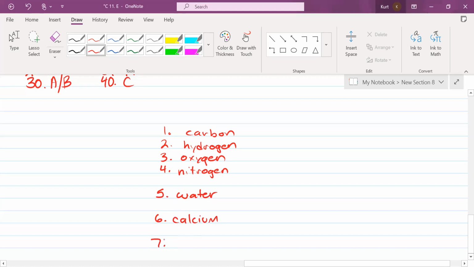Number 7, name the element found in small amounts in the body that is needed to make hemoglobin for oxygen transport. Before you answer, what type of macromolecule is hemoglobin? It is a protein that allows your blood to carry oxygen. What element is in hemoglobin that lets it carry oxygen?